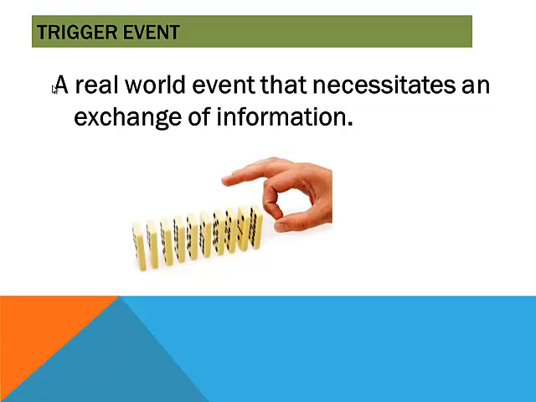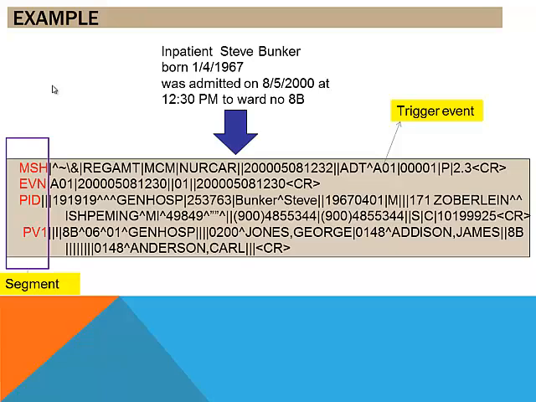So, the trigger event is a real world event that necessitates the exchange of information. For example, if we see here, this is the message. We need to send information about one patient from one system to another system.